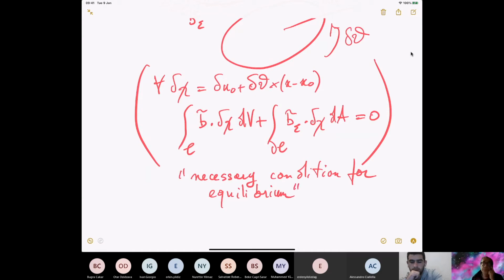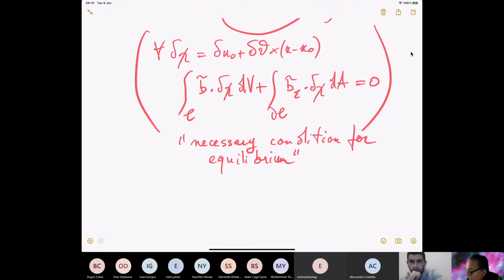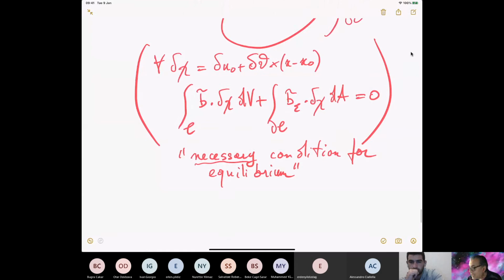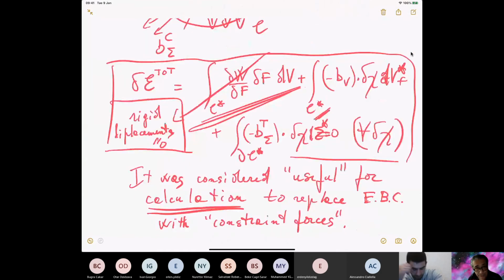Okay? So, can we expect that the result obtained out of this necessary condition can give us back the minimum of energy or even this equality?